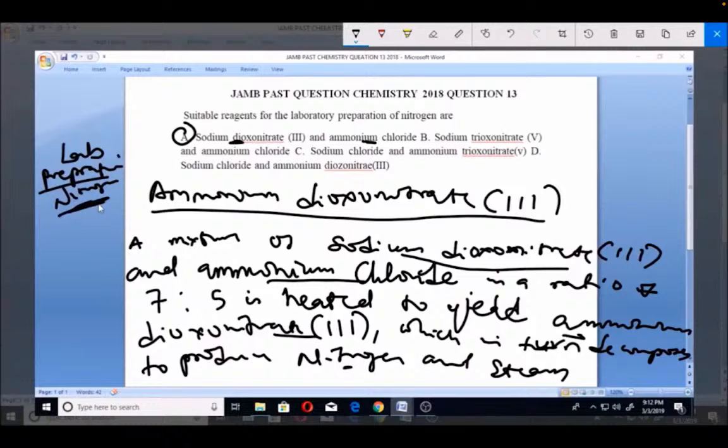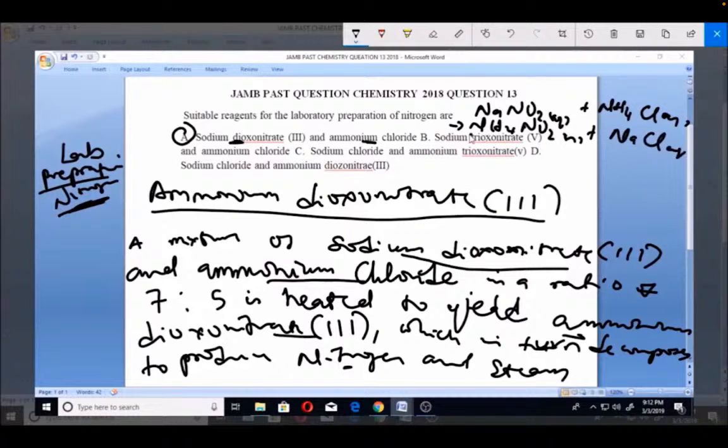So that is the preparation of nitrogen. And that's what happens in terms of equation. You actually have sodium dioxynitrate 3, which is aqueous, reacting with ammonium chloride, which is also aqueous, to form ammonium dioxynitrate 3, which is aqueous, and sodium chloride, which is also aqueous.